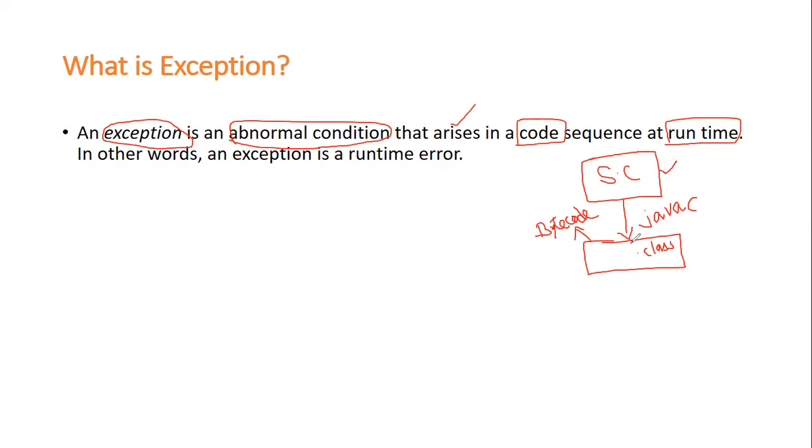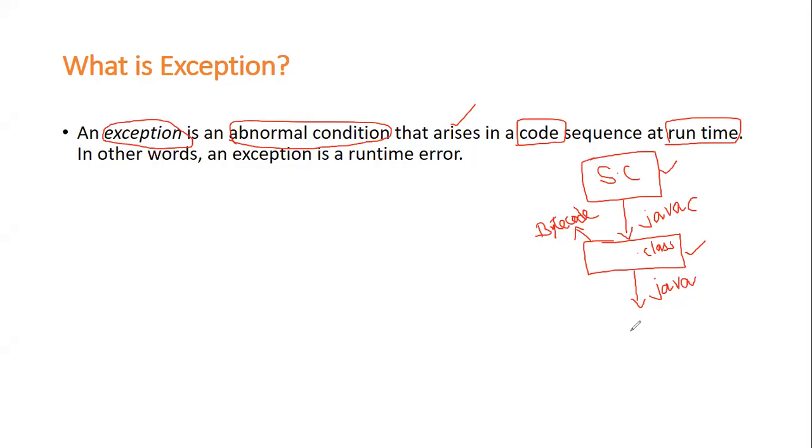Once I compile, let us assume the compilation is successful. It's going to produce a dot class file, and we call this dot class file a bytecode. Once we have a dot class file, we are going to run the program. In order to run the program, we are going to use a tool called java.